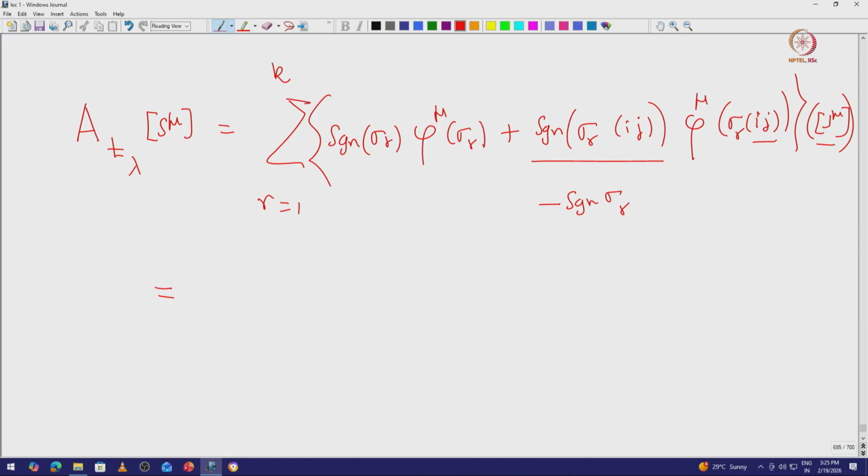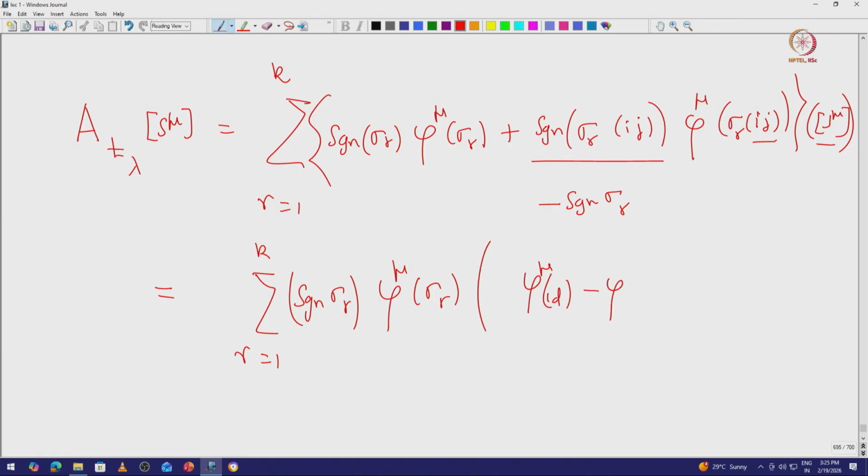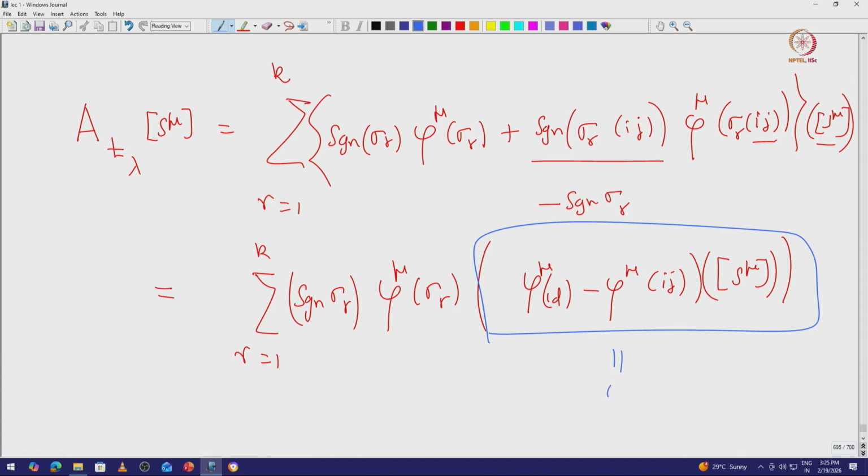So, that means I can rewrite this as the sum over R from 1 to k of sine of sigma R times phi mu applied on sigma R times phi mu (identity minus phi mu ij), and then you apply it on this S mu. And note that we just realized this term is exactly 0. So, that implies that this is exactly 0.